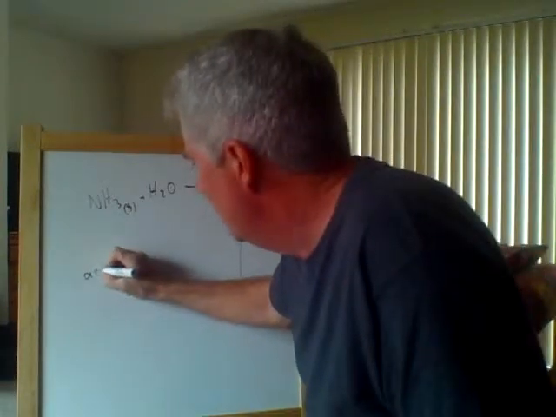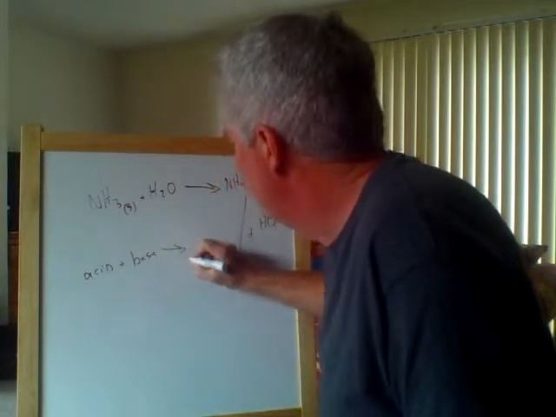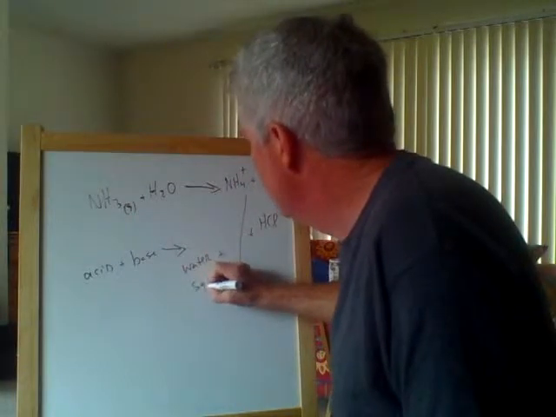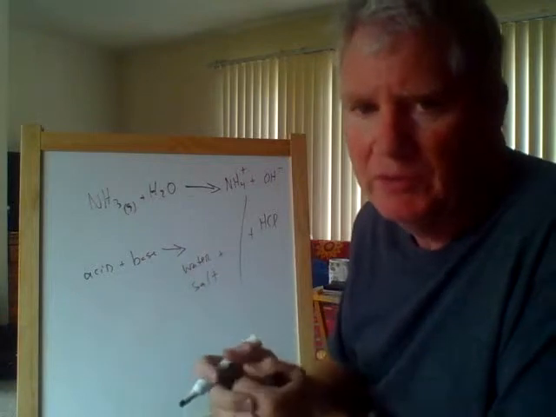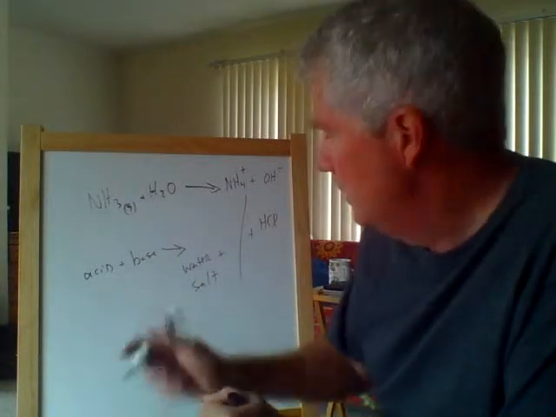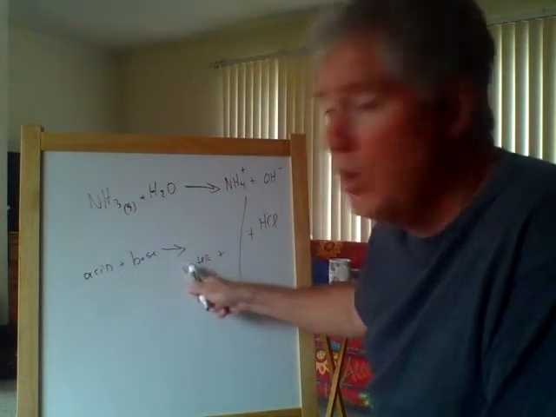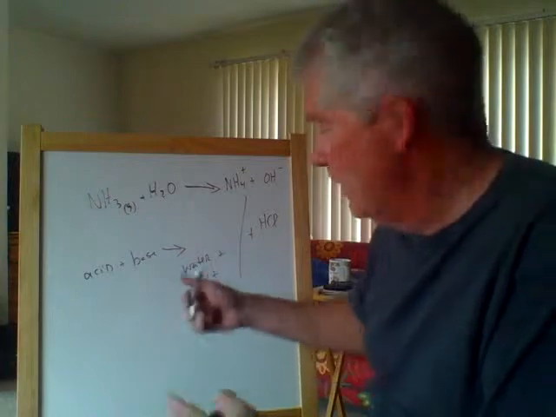Basically an acid typically reacts with a base to form water and some salt, and that's a really high-level way of describing what an acid-base reaction is. The base neutralizes the acid to form water, and the stuff left over is a salt.